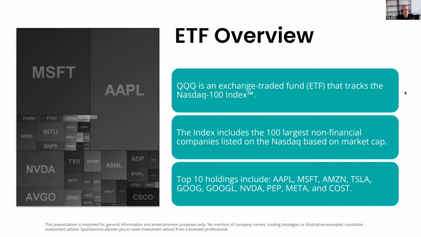So QQQ is an exchange traded fund that tracks the NASDAQ 100 index. And the index includes the 100 largest non-financial companies listed on the NASDAQ based on market cap. The top 10 holdings include some very familiar names: Apple, Microsoft, Amazon, Tesla, Google, NVIDIA, Meta, and those stocks all have very active options that trade daily.